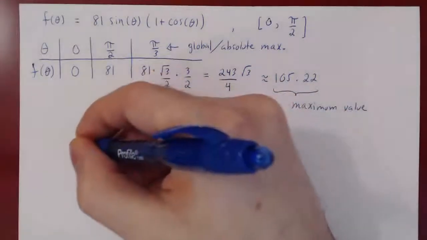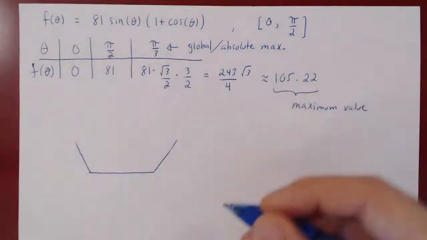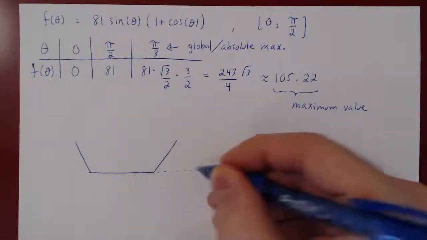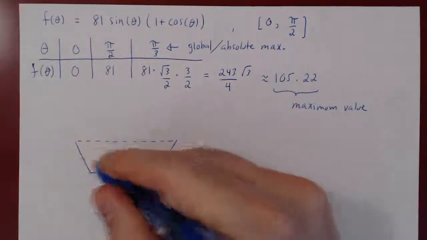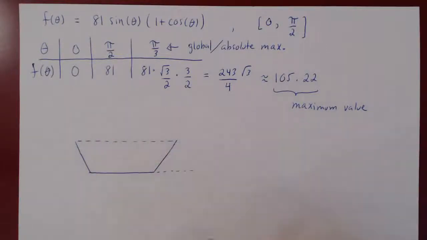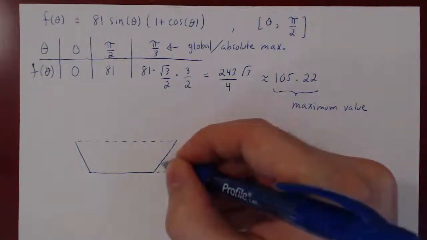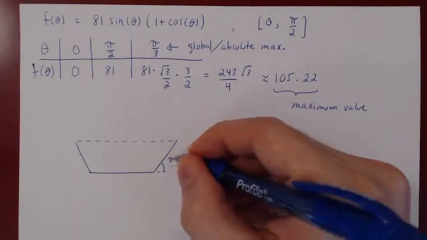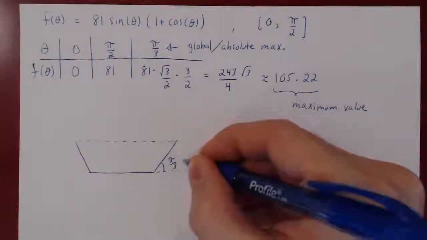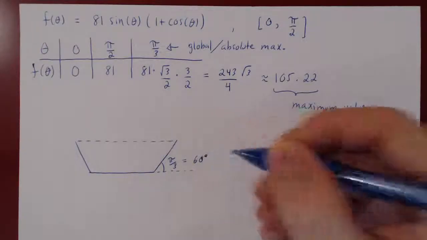9 centimeters, 9 centimeters, and the way to maximize the area of our trapezoid, the carrying capacity of our gutter, was if the angle at the base was exactly pi over 3, or again, if you prefer in radians, 60 degrees.